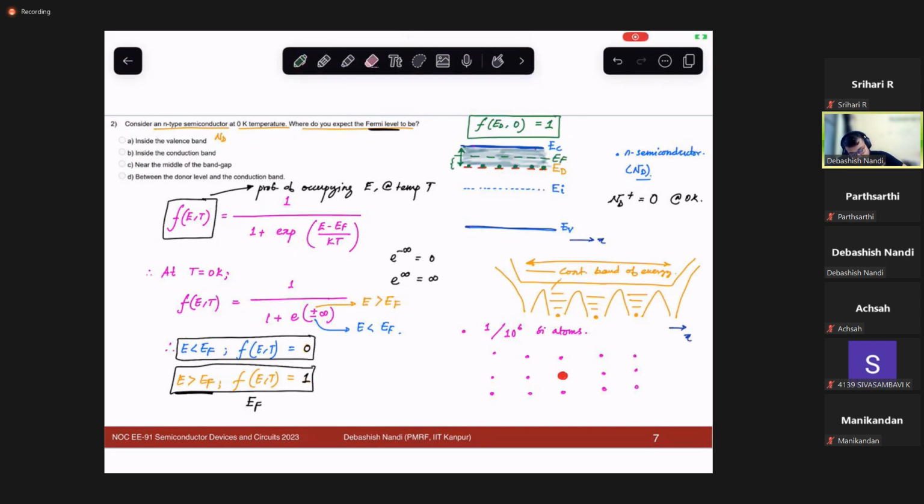This I have written wrong, I guess. For E less than EF, you have this is 0, this is 1, this is 0, right? So this condition will get applied. Do you see it?